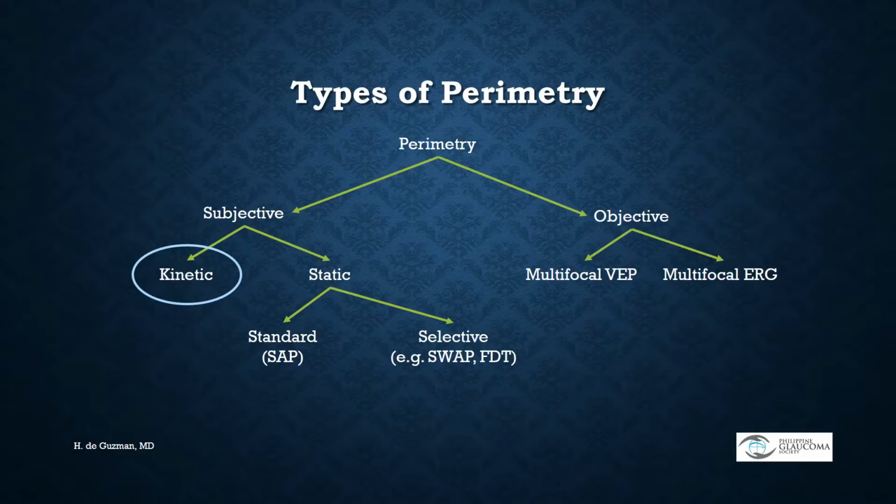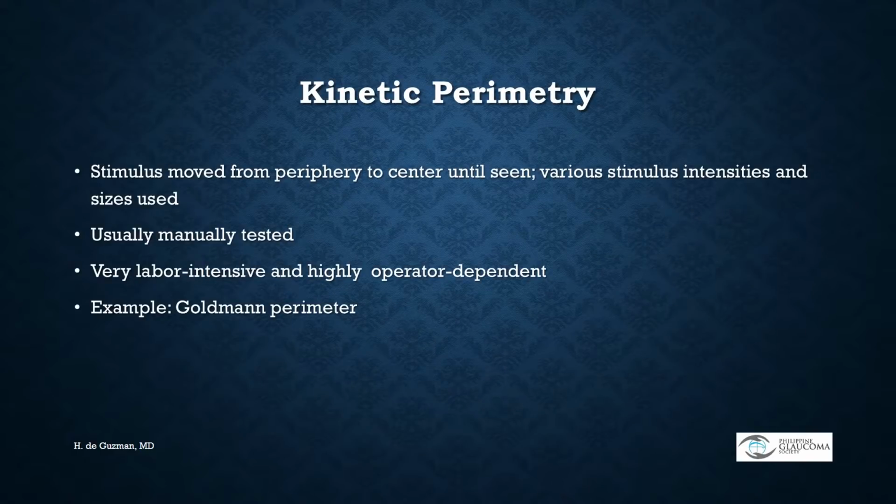So we'll talk about kinetic perimetry first. In kinetic perimetry, the stimulus is moved from the periphery to the center until the patient indicates that they've seen it. The stimulus varies in intensity and in size, and it can also vary in speed of movement.